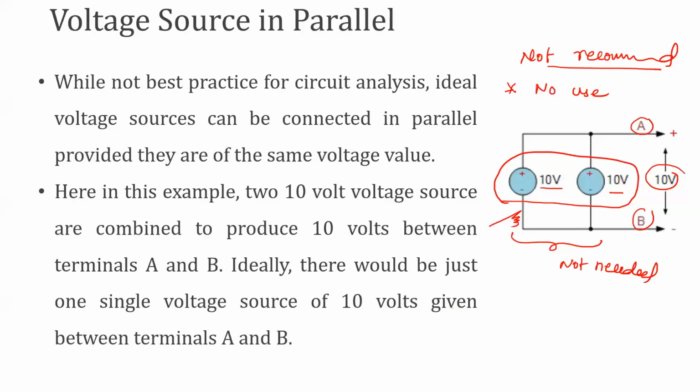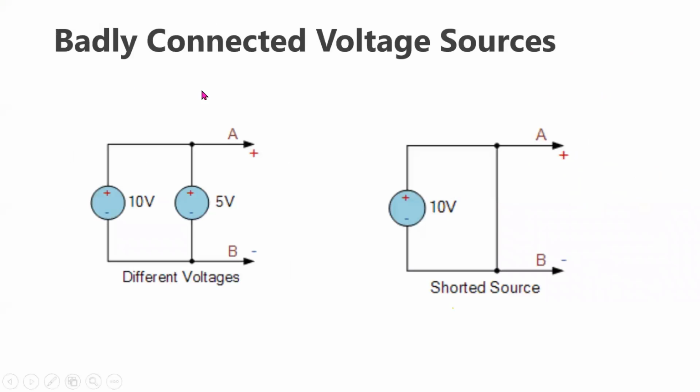All right. Now, these are the badly connected voltage sources. See here, in the previous cases, two voltage sources of same magnitude were connected. Here, two voltage sources with different magnitudes. Then what value do we observe between the terminals A and B?